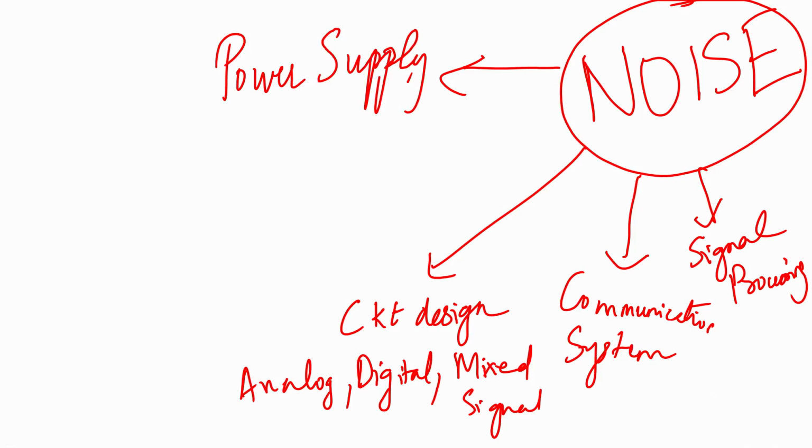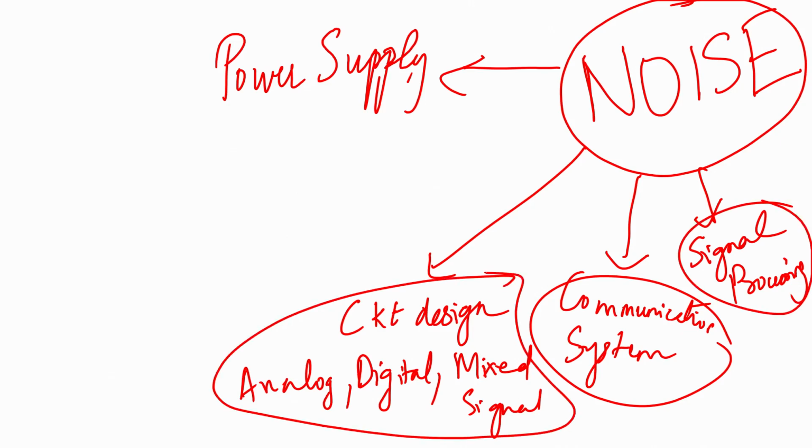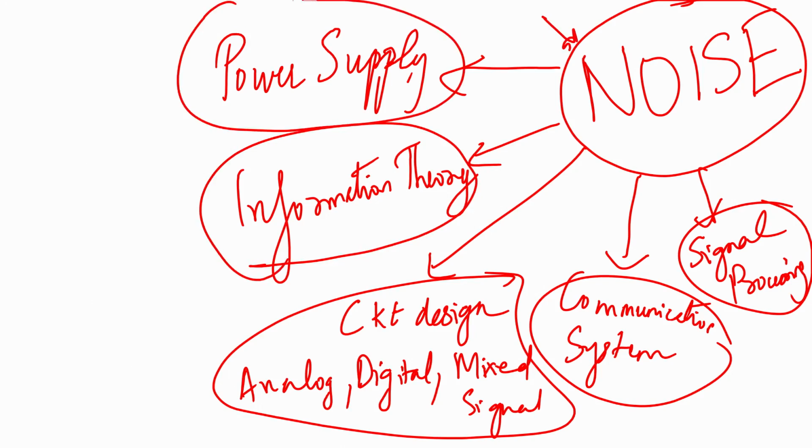Noise is there in communication systems, signal processing, circuit design, and information theory, which is a part of communication systems. You have heard of Shannon's bandwidth, the famous bandwidth formula. Everything has the connotation of noise in it. Okay, if you think about it, you can find a lot of other places where noise plays a pivotal role.